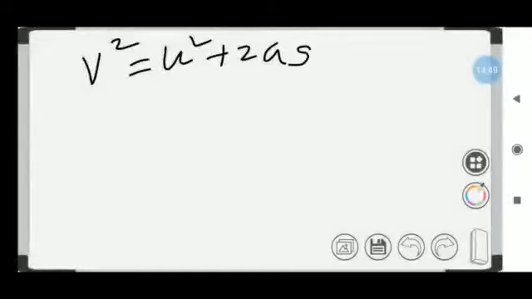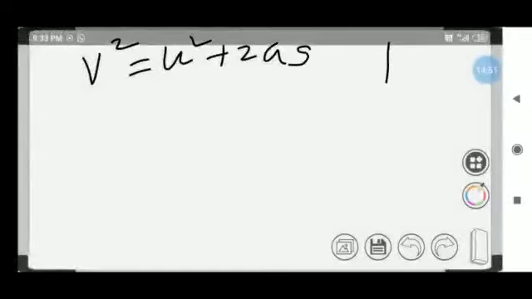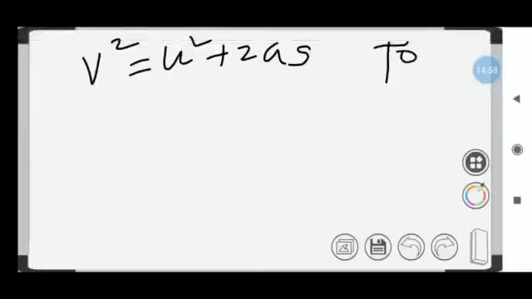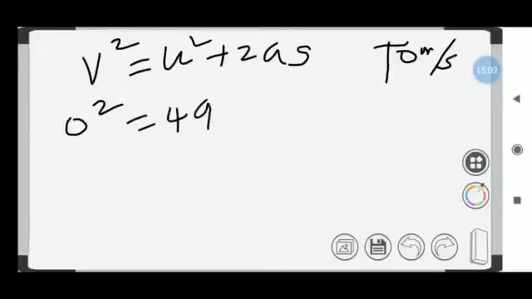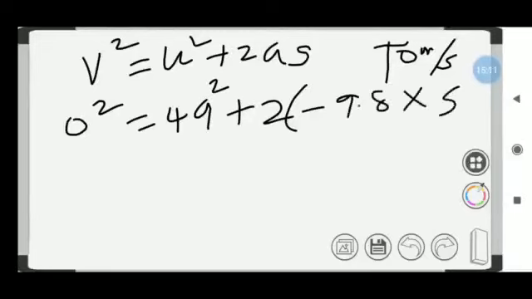When it reaches the maximum height, the velocity will be 0 meter per second. So v equals 0, so 0 square equals 49 square plus 2 into minus 9.8 into s.